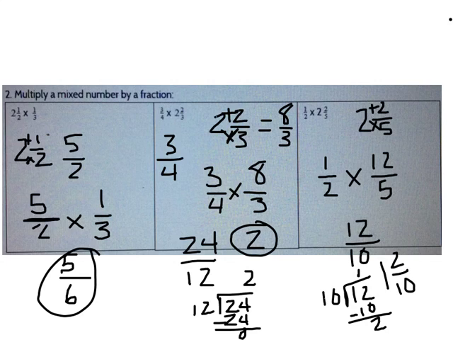What number goes into 2 and 10? Well, I can divide both by 2. When I do that, what's my final fraction? My final fraction is 1/5. So my answer is 1 1/5.